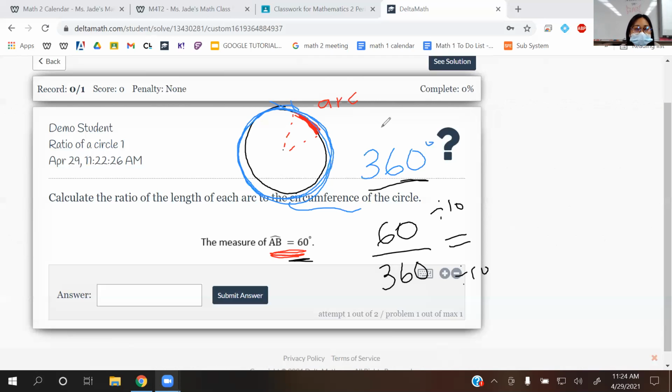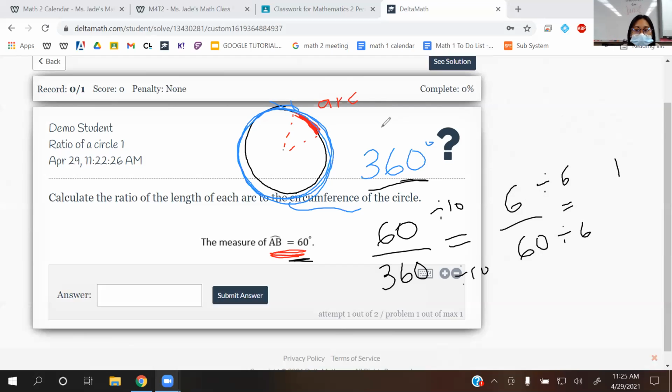That will give us 60 divided by 10 on top is 6. 36 divided by 10 on the bottom is 60. So 6 over 60 is a little bit more simplified. However, we can still simplify this further. So both the top and the bottom are divisible by 6. So I'm going to divide top and bottom by 6.